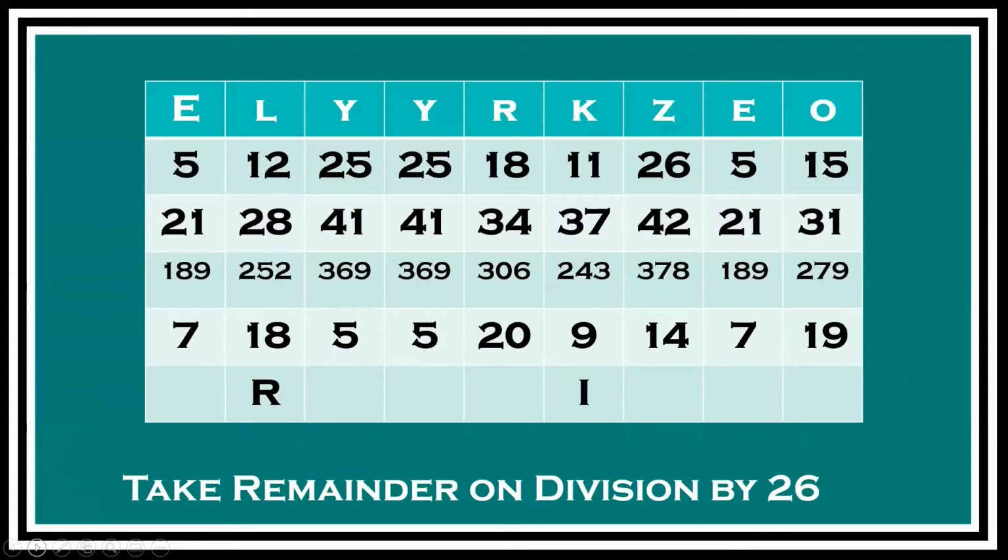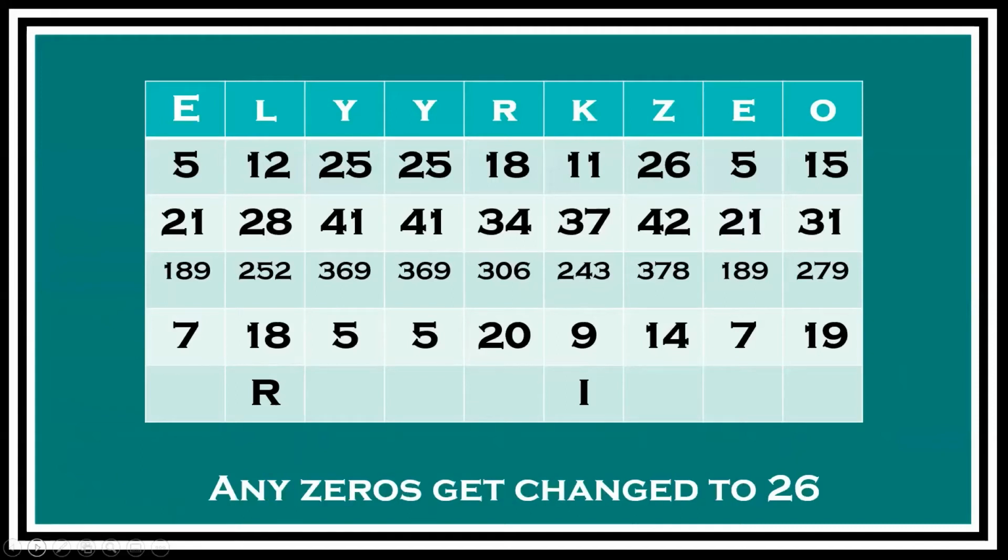So 189 has a remainder of 7 when you divide by 26. Now, it is possible at that step to get 0, so that row should be numbers between 0 and 25. But if we do have any zeros, they need to be changed to 26 so that we get numbers between 1 and 26, and they will therefore correspond to letters of the alphabet.